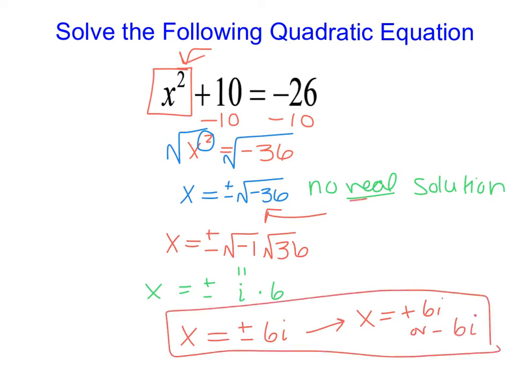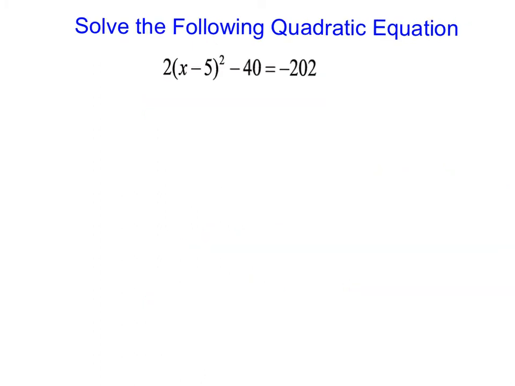So while there's no real solution, there is an imaginary solution. So in Algebra 2, we now keep in mind that we can find imaginary solutions that use that imaginary number i if we end up with a square root of a negative number like we saw up here in our second step.